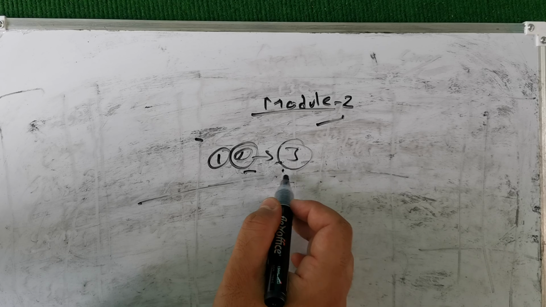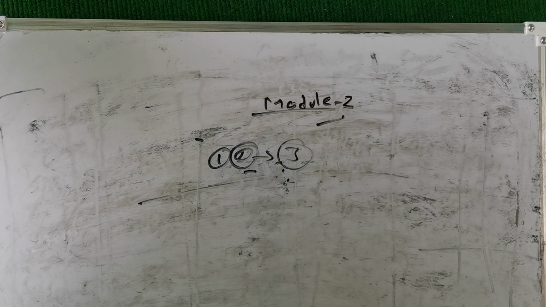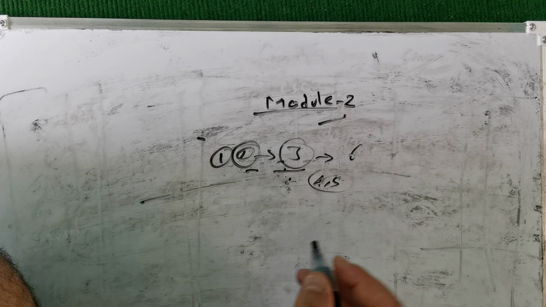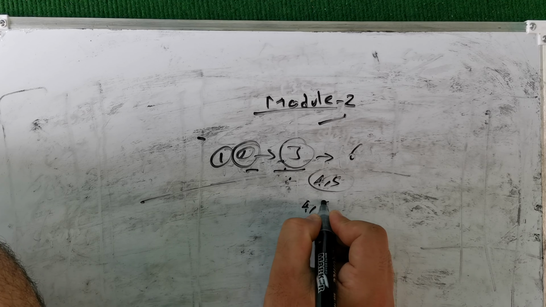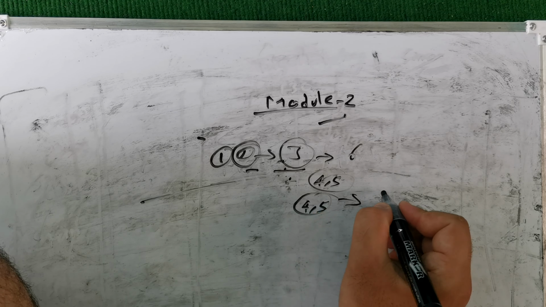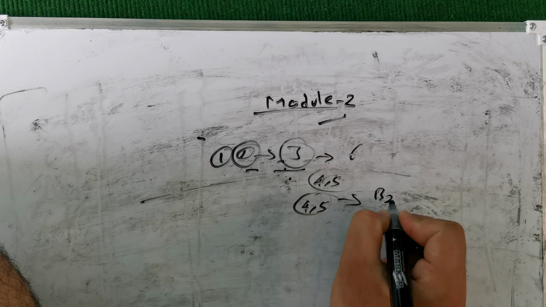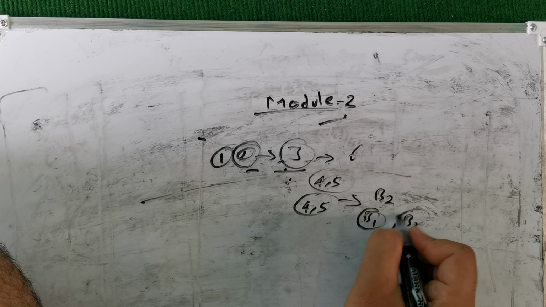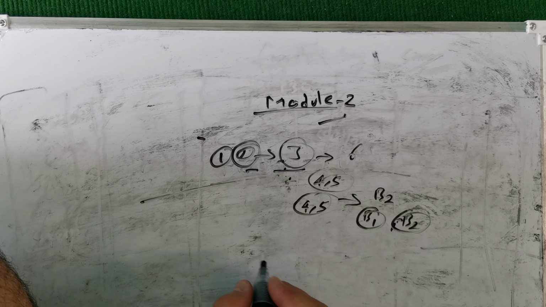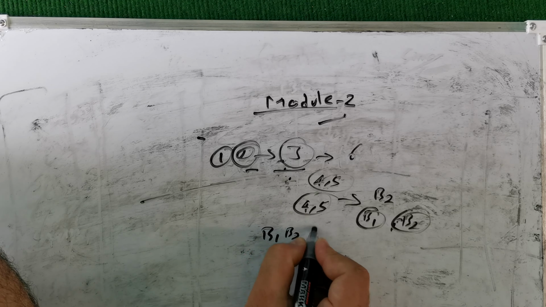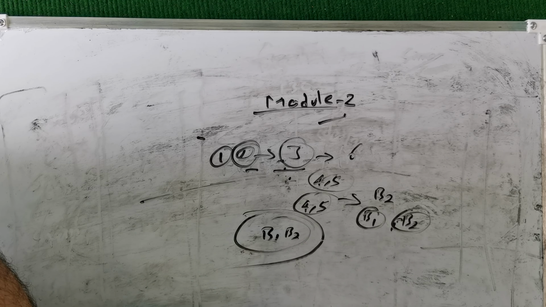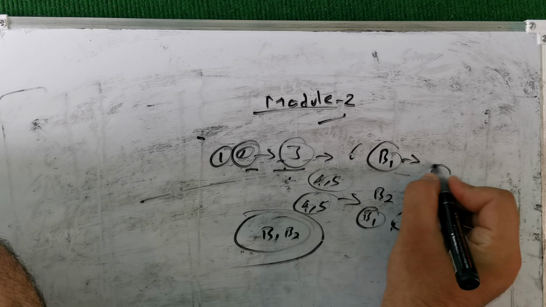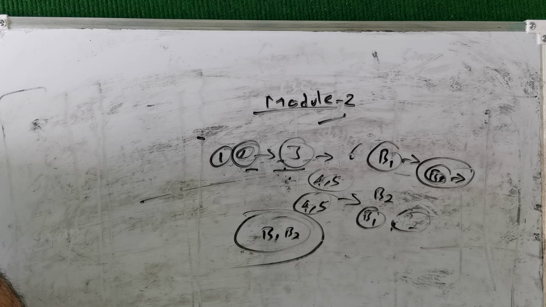Okay guys, after completion of module 3 we will jump to 4 and 5, because modules 4 and 5 are different for B1 and B2. So at first we will complete the common B1 and B2 sections, then after we will go for the B1 separate and B2 separate courses.